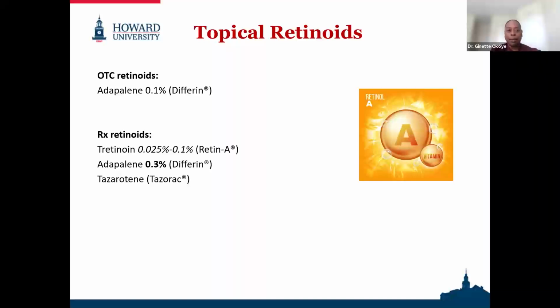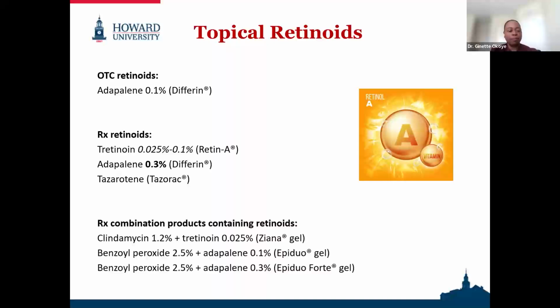There is a stronger adapalene, 0.3%, that's prescription. And then there's tazarotene, which is even stronger, should your patient need to go that high. I would never start somebody on tazarotene because you're going to get a face full of redness and scaling, and they'll never do it again. So don't start there.